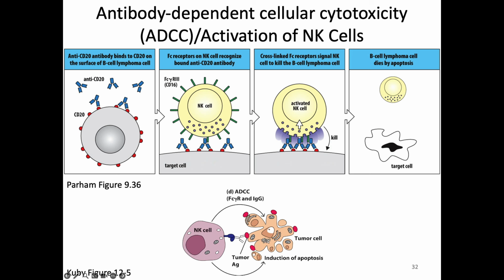Here, the cell with an Fc receptor is called an NK cell, or a natural killer cell. If we have antibodies bound to something and we bring in an NK cell, that NK cell, as you might guess from its name, natural killer, will kill.